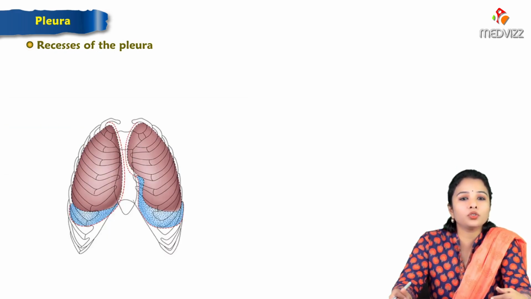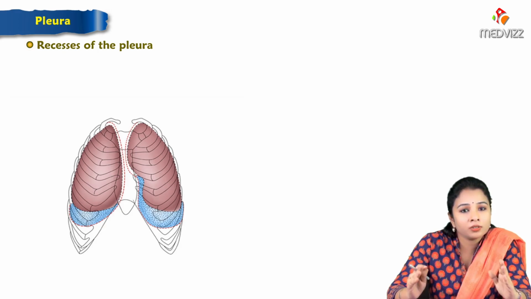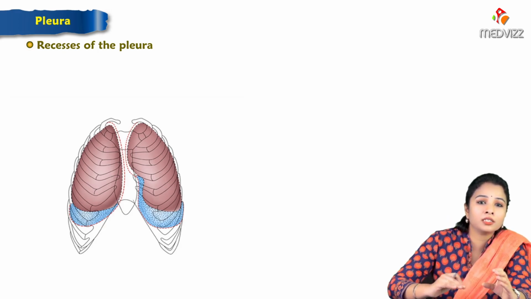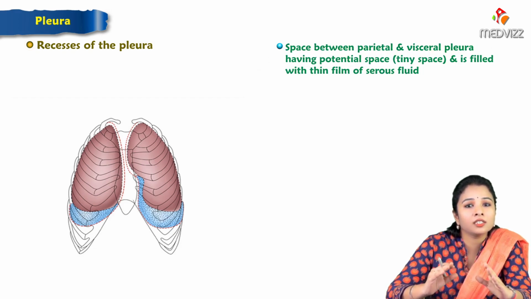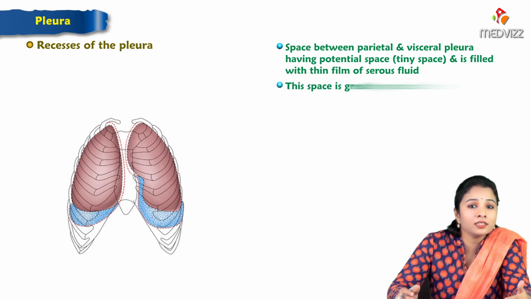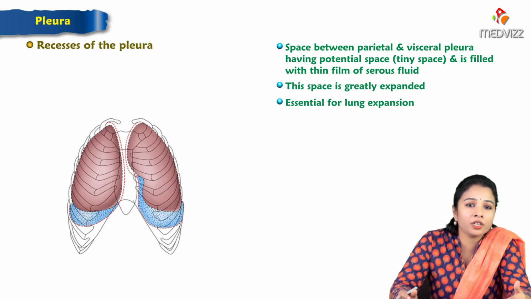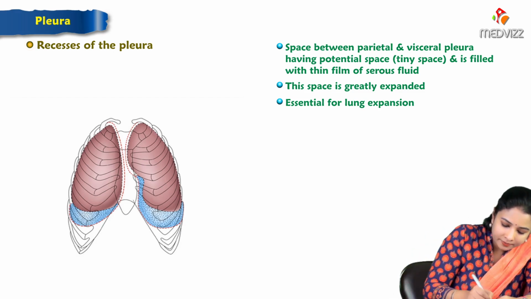Okay, next we move on to the recesses of pleura. At the sites where the visceral pleura is reflecting as the parietal pleura, the space between them is greatly expanded, and these expanded regions of the pleural cavity are called pleural recesses.